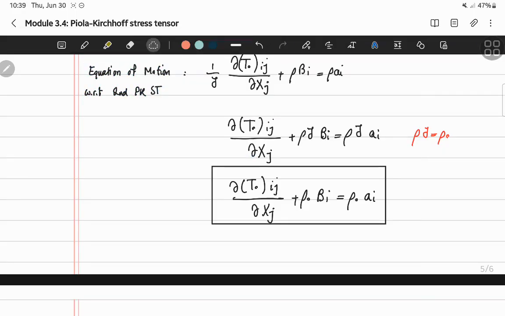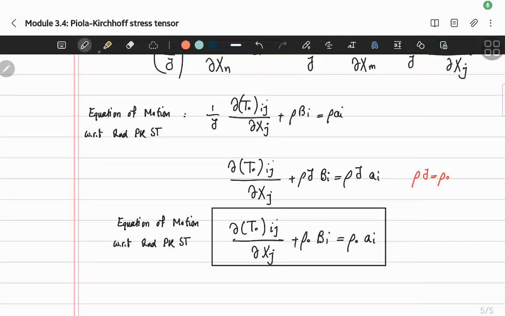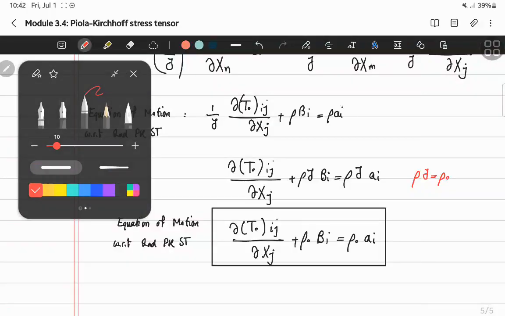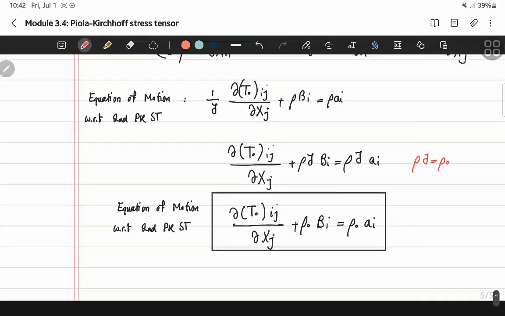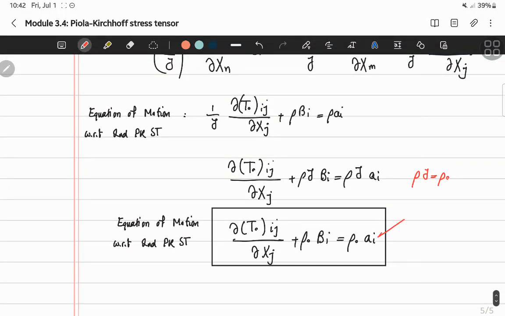Know that this ai here and this bi here are with respect to the material coordinate, not the spatial coordinate. So basically, ai is a function of capital Xi in here, and bi, of course, is a function of capital Xi.